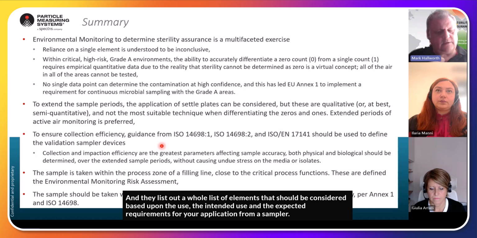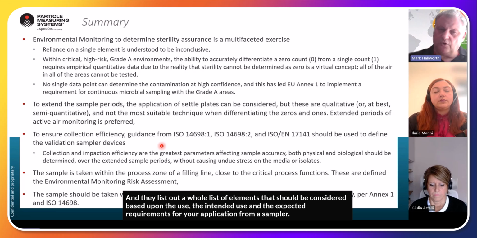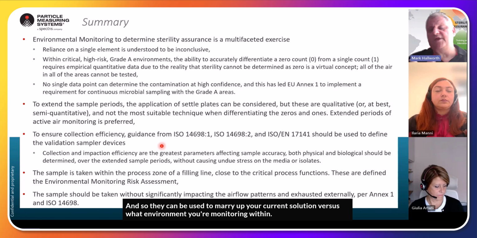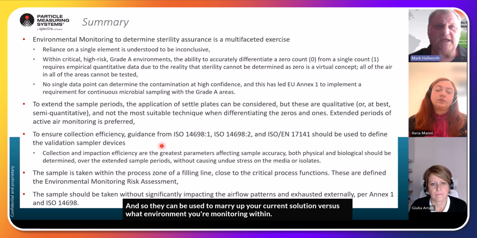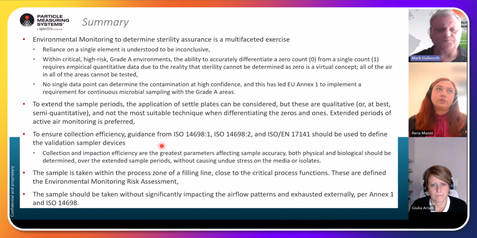And they list out a whole list of elements that should be considered based upon the intended use and the expected requirements for your application from a sampler. And so they can be used to marry up your current solution versus what environment you're monitoring within.